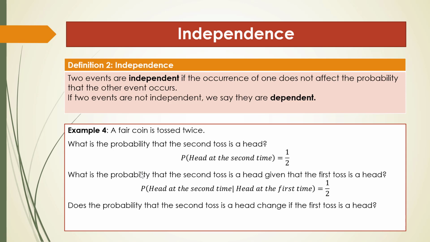This event will not change whether the first toss is a head or tail. That means the first toss does not affect the second toss. So here we say the event that the first toss is a head is independent of the event that the second toss is a head.